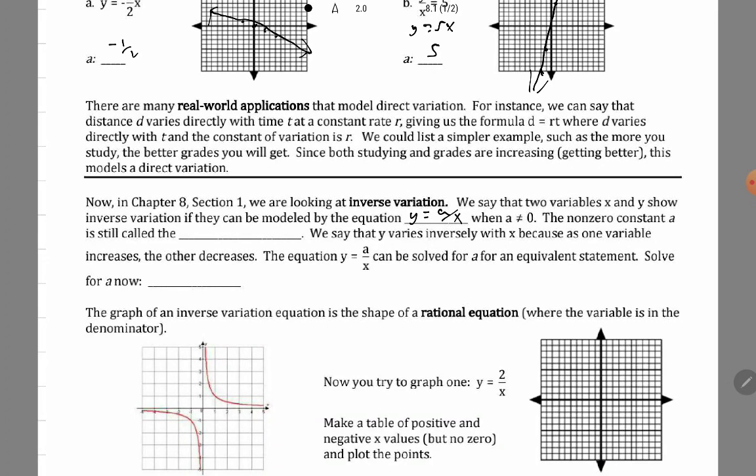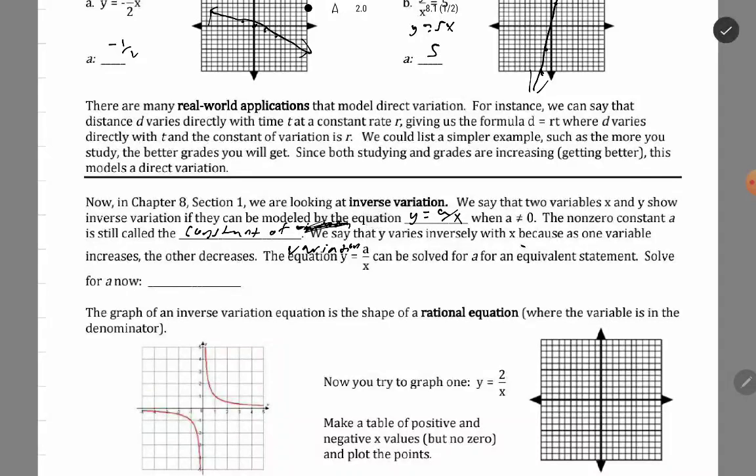The non-zero constant a is still called the constant of variation.